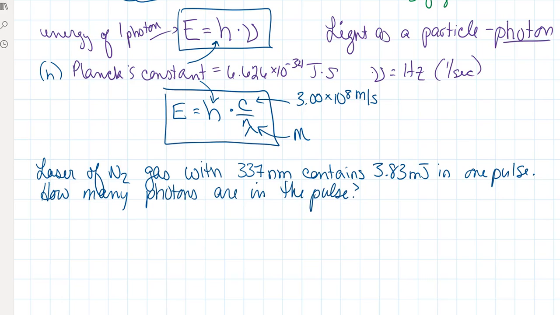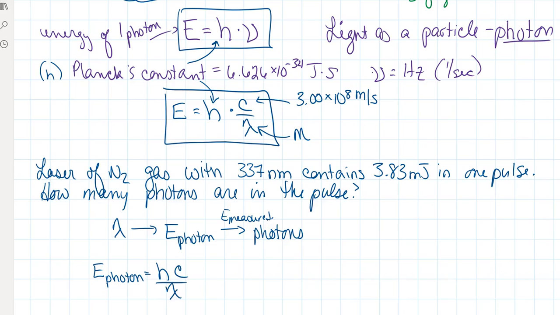The way we figure this out is we're going to go from the wavelength to figure out the energy of a single photon, and then use that to see how many photons we get compared to the energy that we measure. So let's take a look at this. I have an energy of a photon equals hc over lambda.